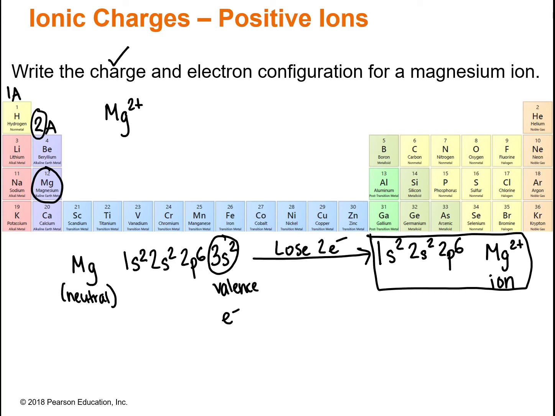How would I write the neutral magnesium configuration? It's not an ion, it's an atom. Let's try that again. How would I write the neutral atom magnesium electron configuration using noble gas configuration? So we're in period 3. Which noble gas am I going to use to represent the core of the magnesium atom?